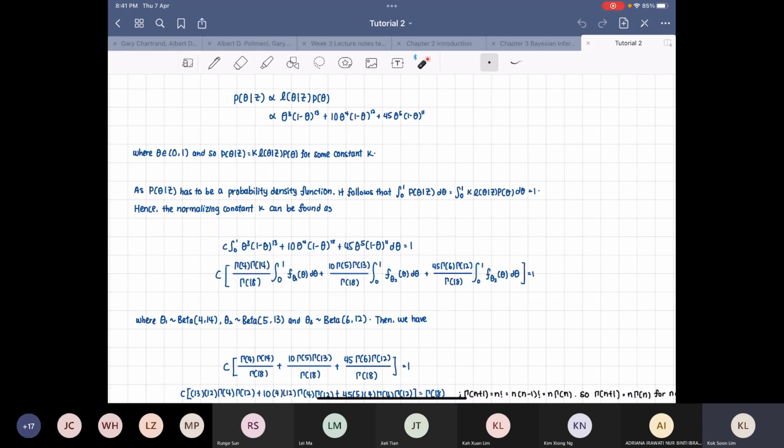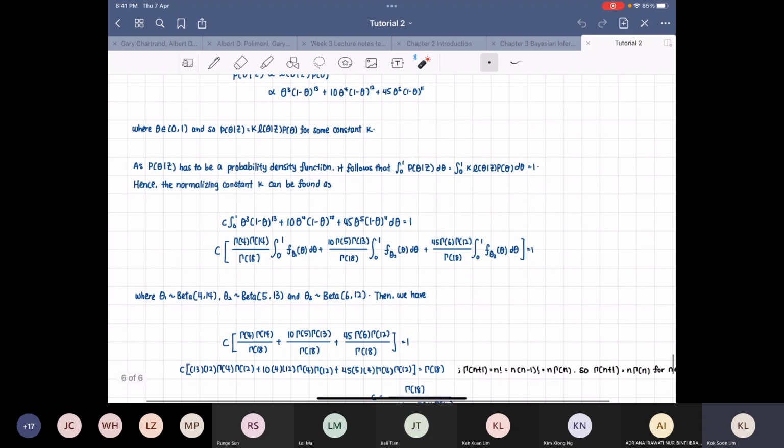If you look carefully, these 3 terms resemble the kernels of beta distributions. So we can rewrite this part to become the PDF of a beta, and then we can get our normalizing constant K. I'm lazy to write out the whole PDF, so I just put f(theta) 1. f1 is the PDF of a beta distribution with a equals 4 and b equals 14.